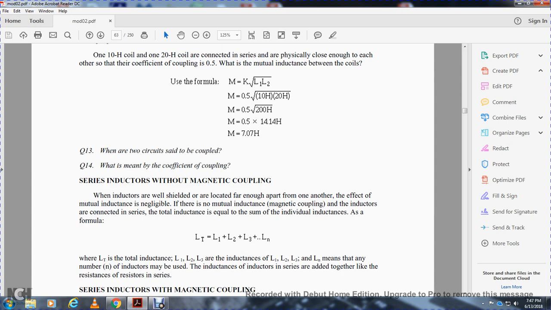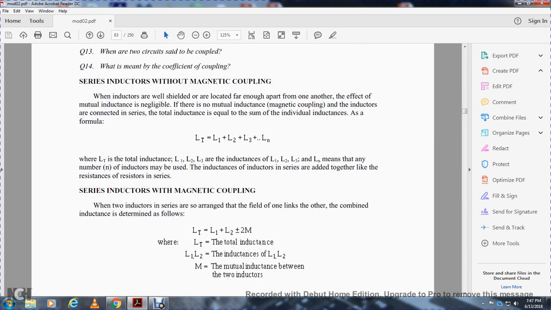The formula is total inductance equals inductance 1 plus inductance 2 plus inductance 3, and so on, for any number of inductors. Inductors in series are added together like resistances in series.